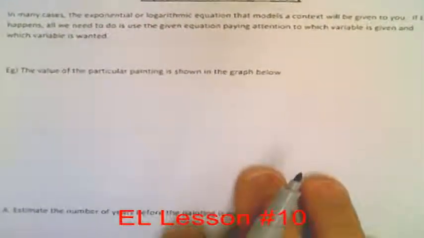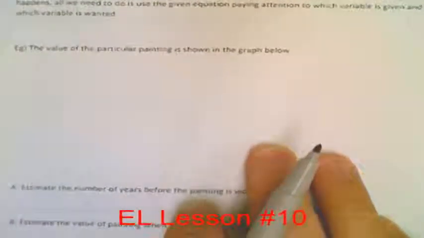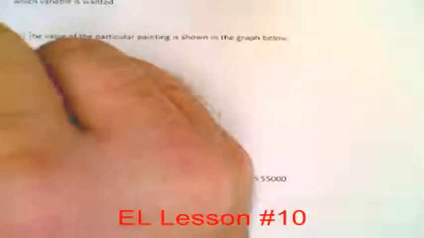So if I look at this example, the value of a particular painting is shown in the graph below. Now I'm just going to randomly draw a graph, so I apologize if this isn't terribly neat.